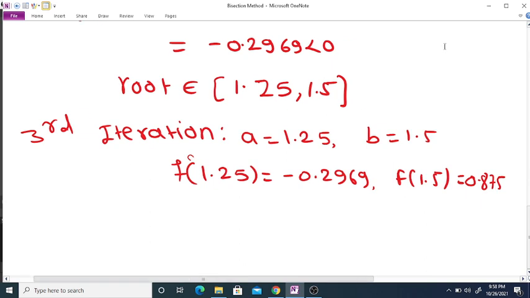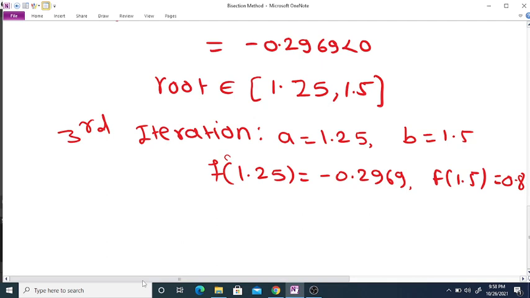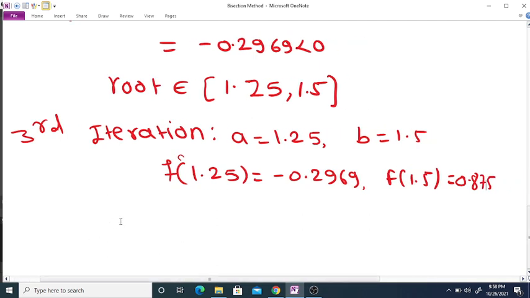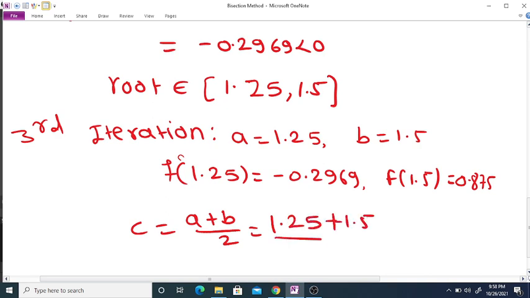So, when we say the root lies between a and b, in the interval a and b, f of a into f of b is less than 0. So here again c is equal to a plus b divided by 2. So it is 1.25 plus 1.5 divided by 2, which is equal to 1.375.